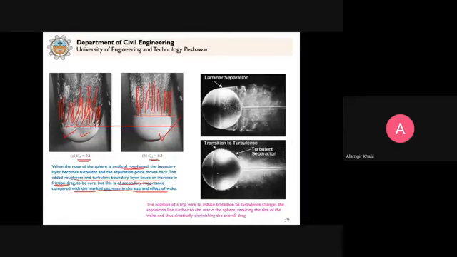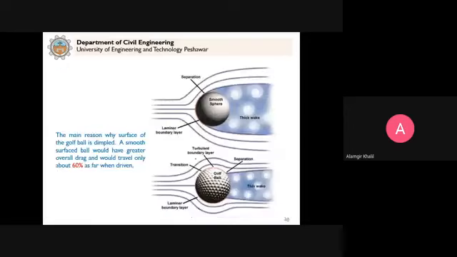Similarly, you can see here that by providing a tripwire to induce transition to turbulent, for laminar the separation is here, but for turbulent the separation is here. So by making the boundary layer turbulent from laminar, it can move faster, or the drag force can be reduced.